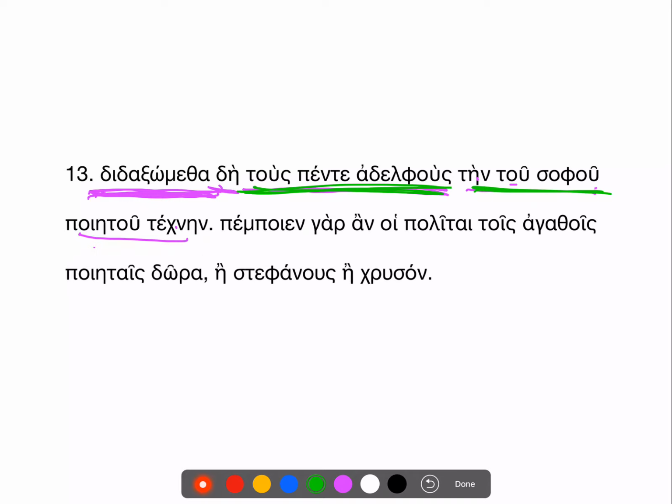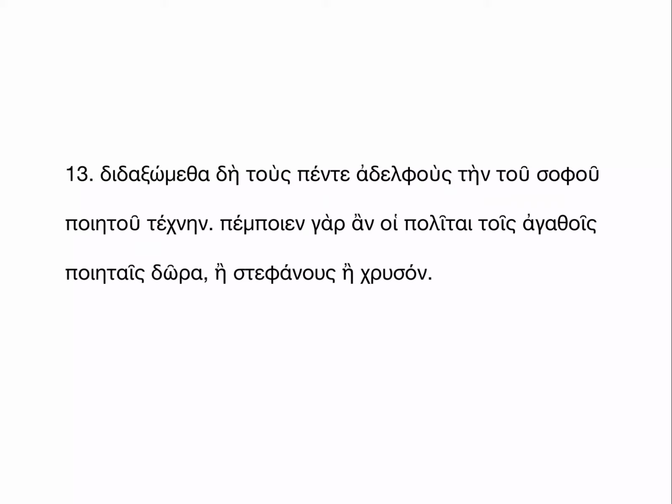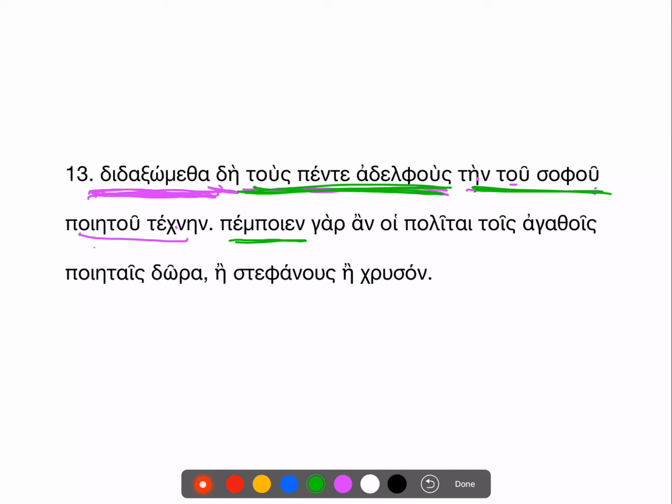All right, so the second sentence, pempoien garon hoi politai tois agathois poietais dora. So the verb here is pempoien on. So pempoien, that's present optative active with on. So I think that's got to be a potential optative. And the subject is hoi politai. And it looks like the direct object is dora.